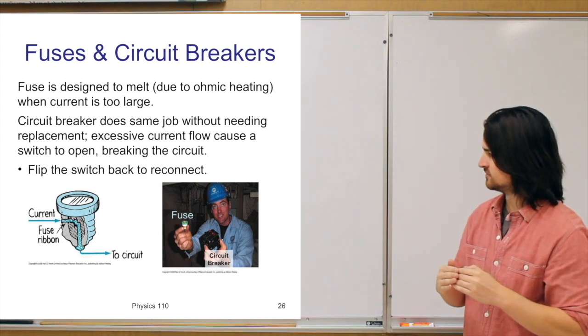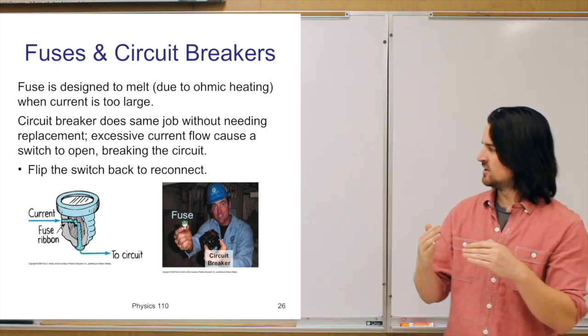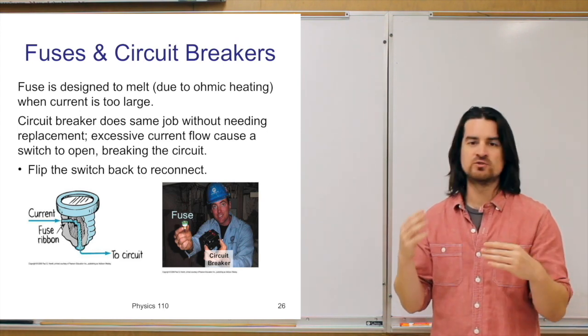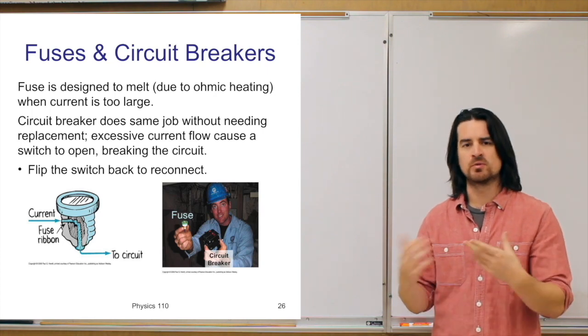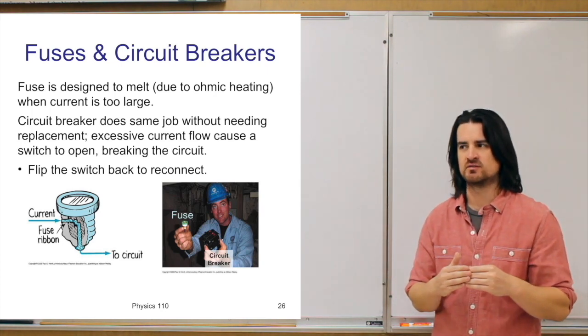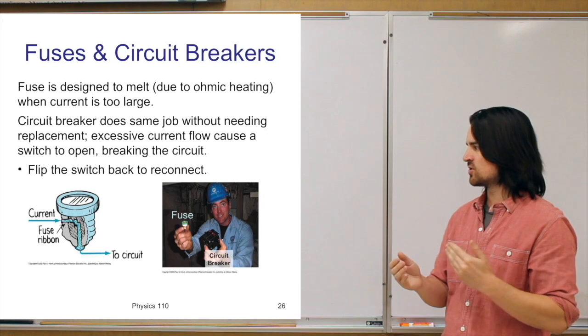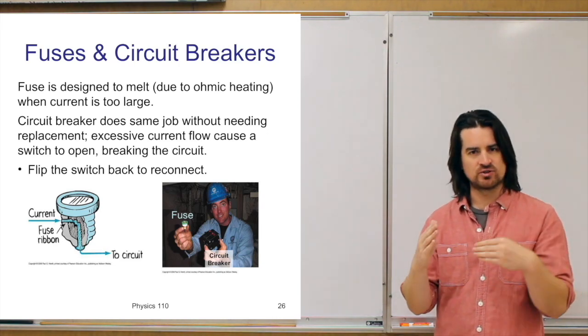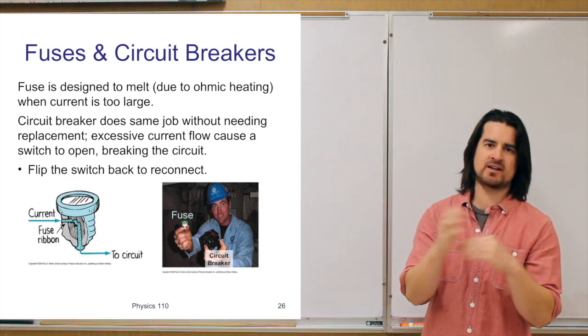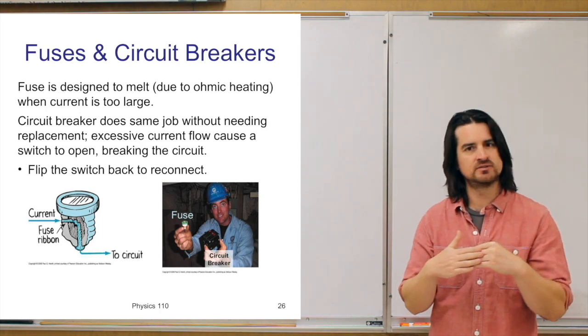Circuit breakers are nice because, unlike a fuse that is designed to break and needs to be replaced once it's used, circuit breakers have that switch, so you just flip that switch back and you close the circuit again.